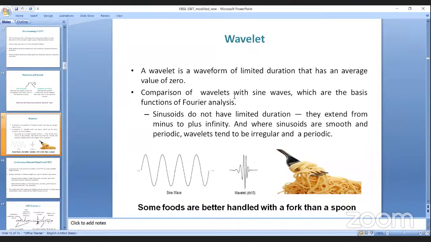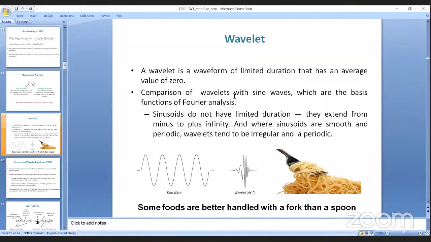When you see this window at large scale, it gives you poor time resolution and good frequency resolution. And when you see this window at low scale, it gives you good time resolution and poor frequency resolution.